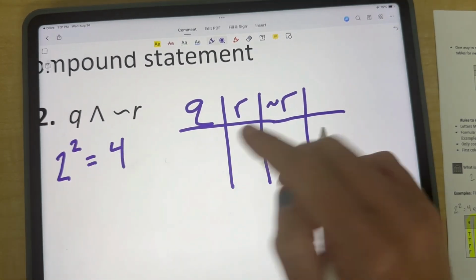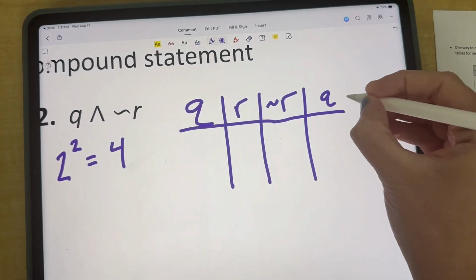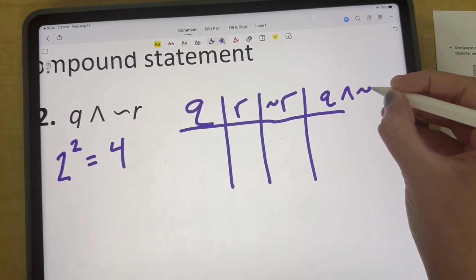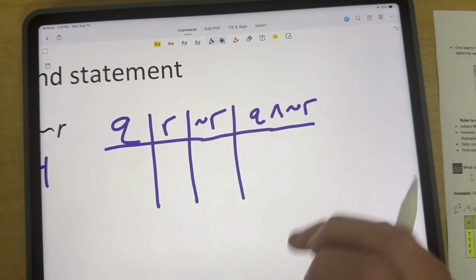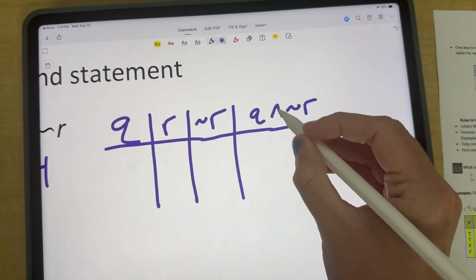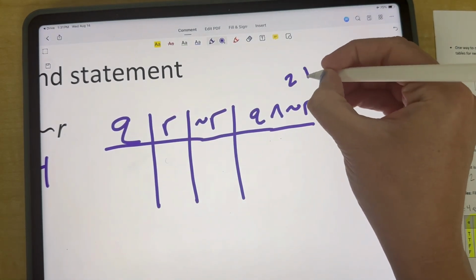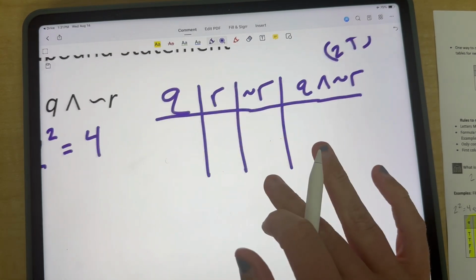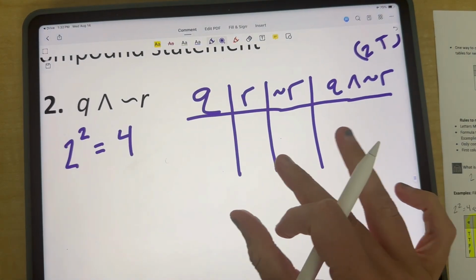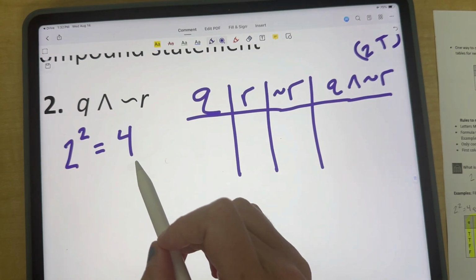Do we have a final statement? Yes, we will always have a final statement. That final statement wants Q and not R to be compared. Okay? Since it's an and statement, we need both of the things to be true for that final one. Okay, we've already decided each column will have 4 rows.